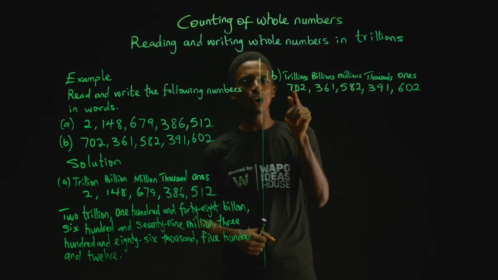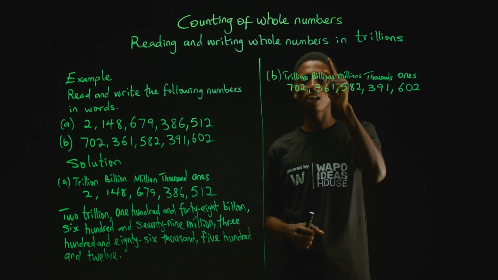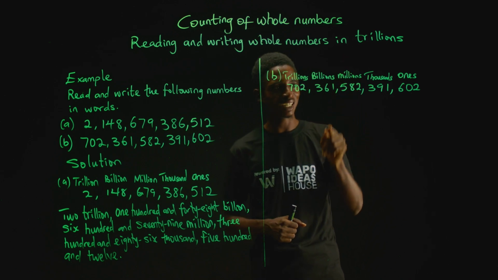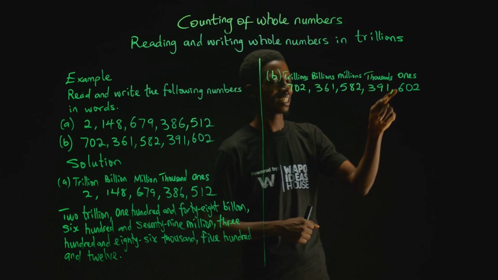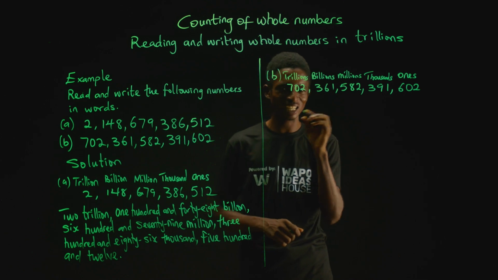Again, 702 trillion, 361 billion, 582 million, 391,602. Now let us write that in words.